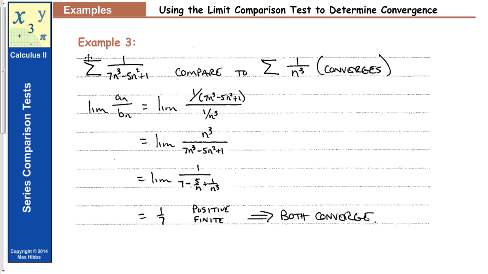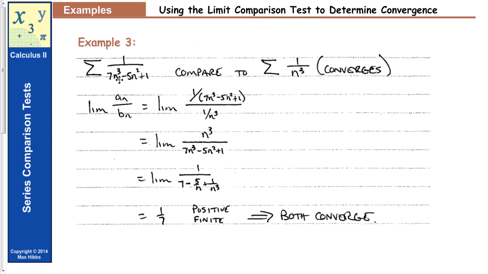We've got here, we want to know the convergence or divergence of this series. So what am I going to compare to? Well, here's what we do. No n terms at all in the numerator, and so the numerator is just going to be 1. Now, what about the denominator? Well, here's where the highest power of n is.